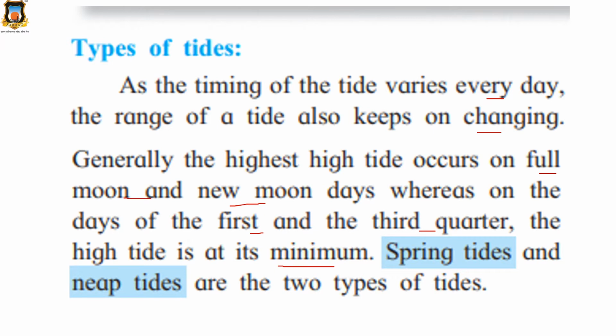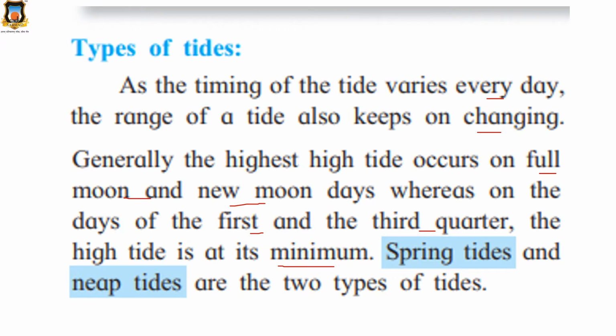Now, this we have seen in the phases of the moon. Yes, you all should know this. Clear? Highest high tide occurs on full moon and new moon, and high tide is at its minimum on the first and third quarter.